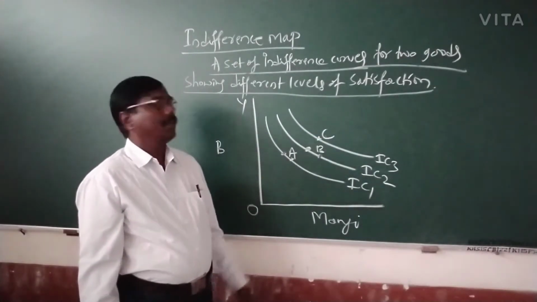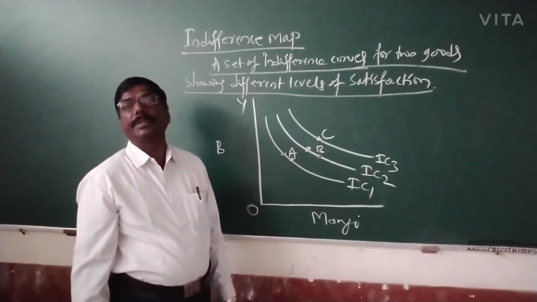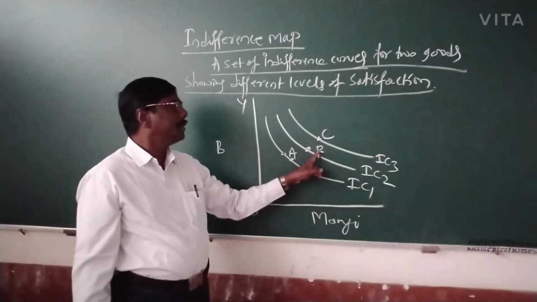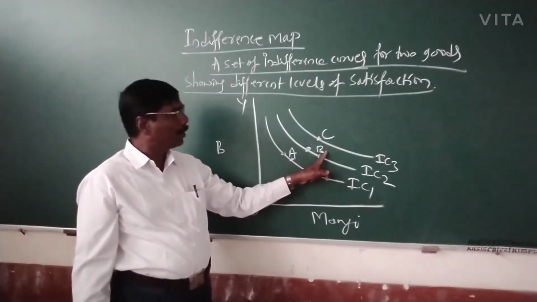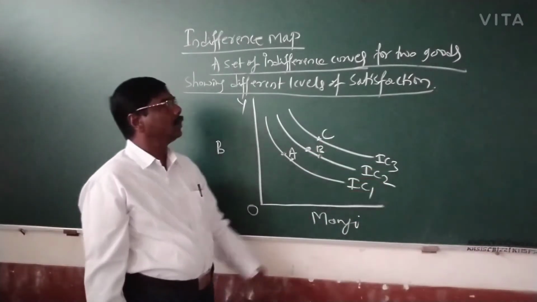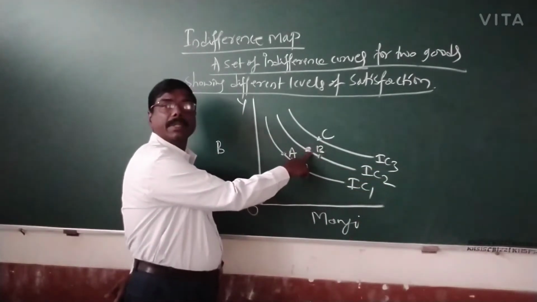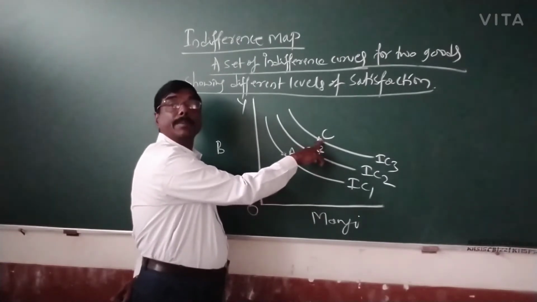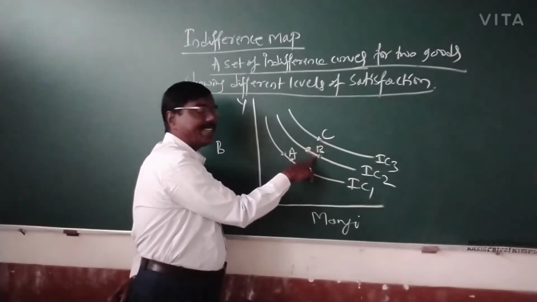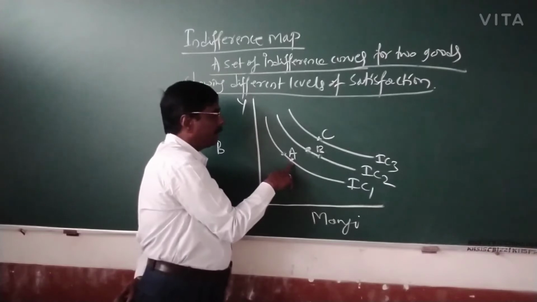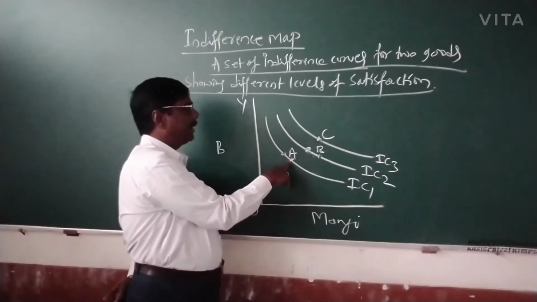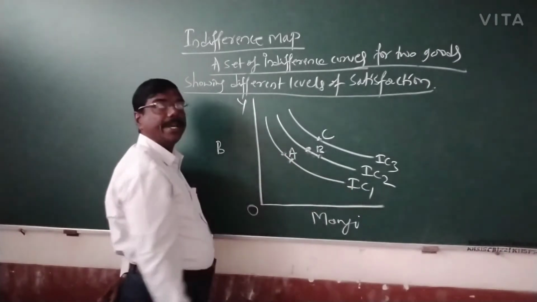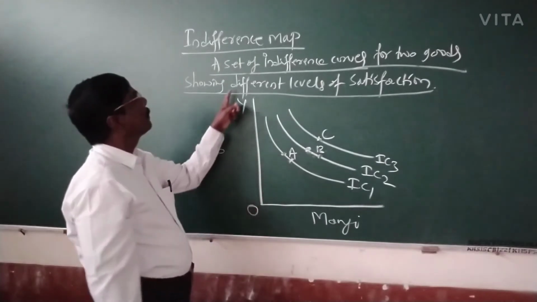The C combination of two goods gives the higher level of satisfaction to the consumer because it lies on IC3. B gives less than C because it lies on IC2, and A lies on IC1, so the A combination gives less satisfaction.